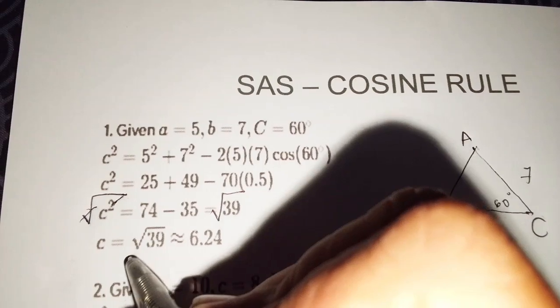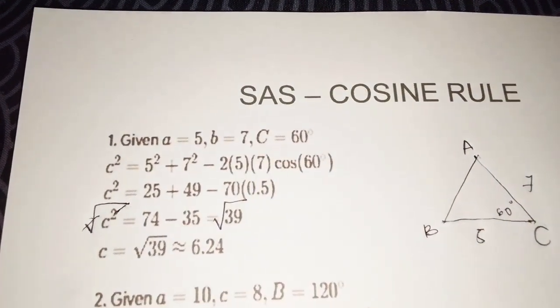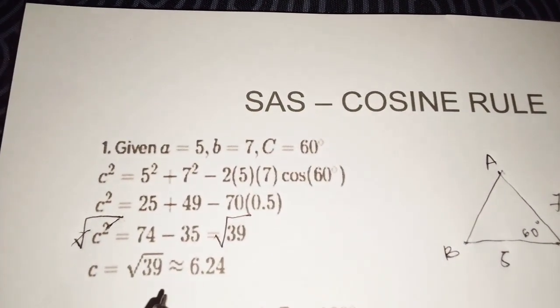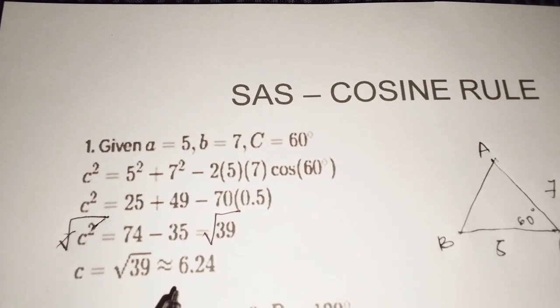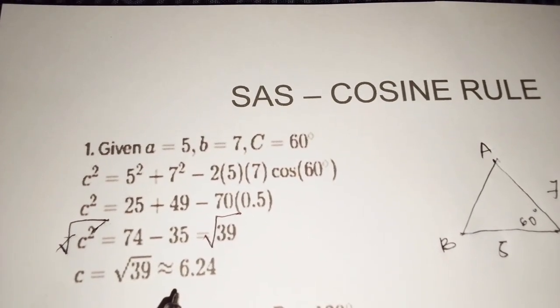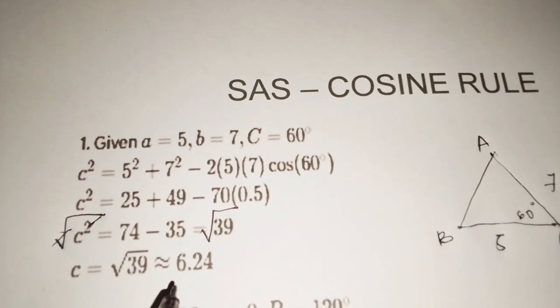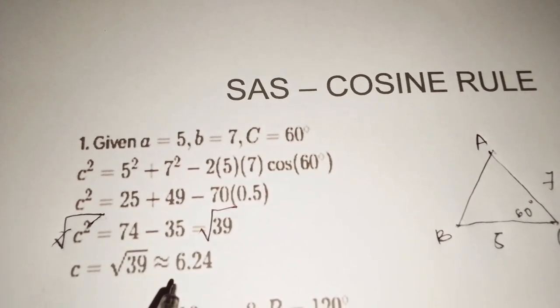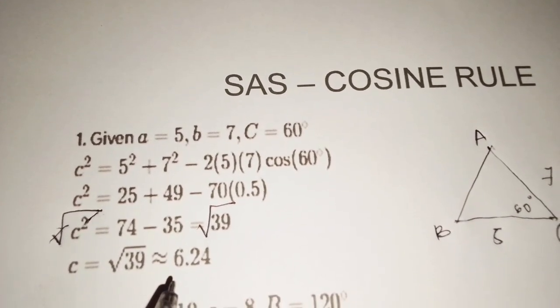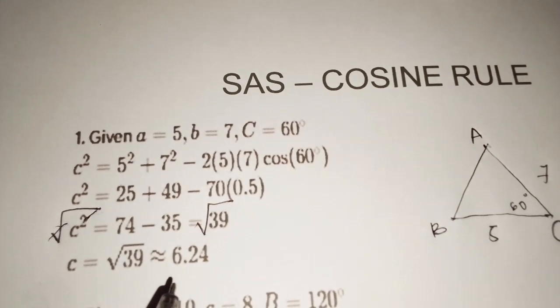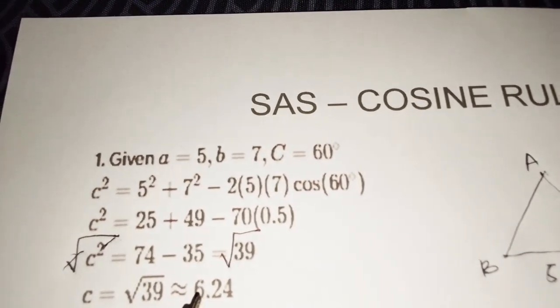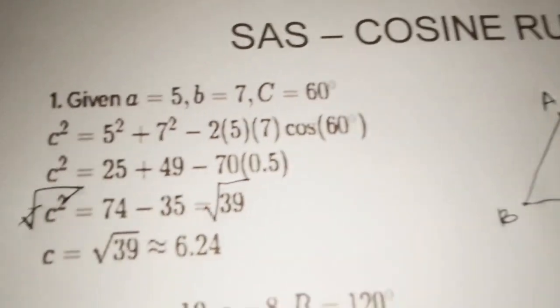So C now becomes the square root of 39, which is approximately 6.24. So this is the answer for problem number 1, getting the side C if we have A which is 5, B is 7, and the angle is 60 degrees. So that's it.